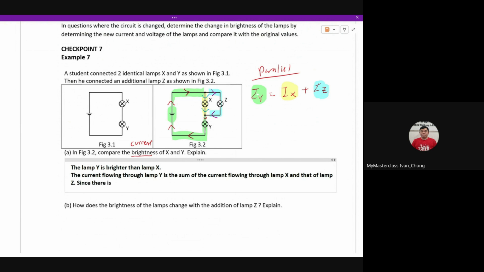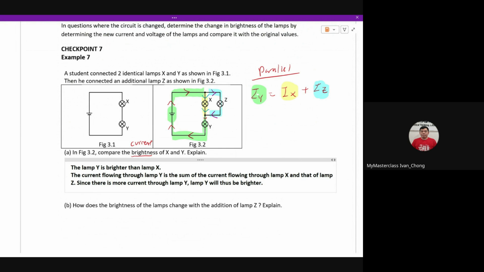Since there is more current through lamp Y, it will thus be brighter. Okay, so this just goes back to the link where you have more current, you have more brightness.